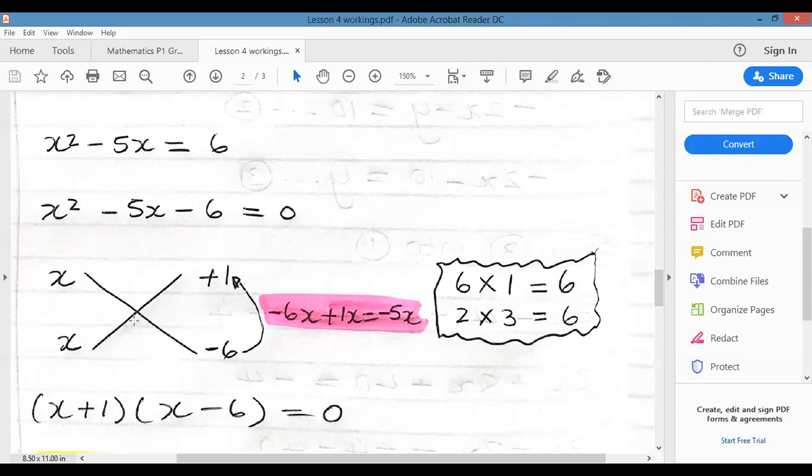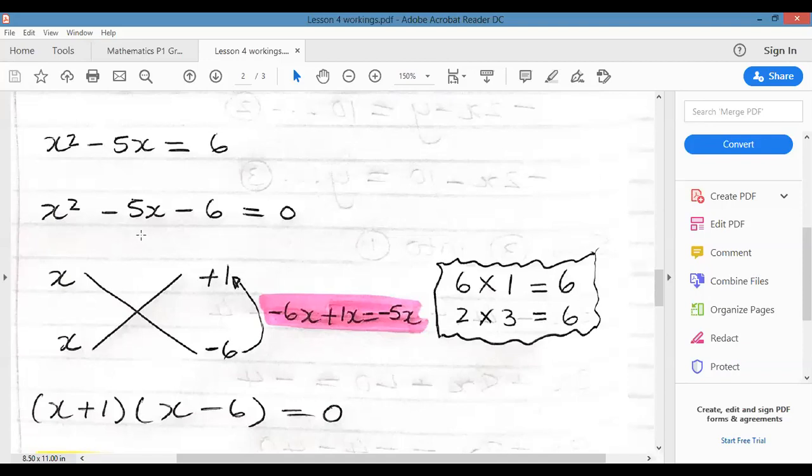Remember, I love this method. I said, okay, x and x, because there are two x's since it says x squared. Therefore, you're going to have x and x. Which one are you going to take? I'm going to take the 6 and 1, not 2 and 3. Why am I taking 6 and 1?